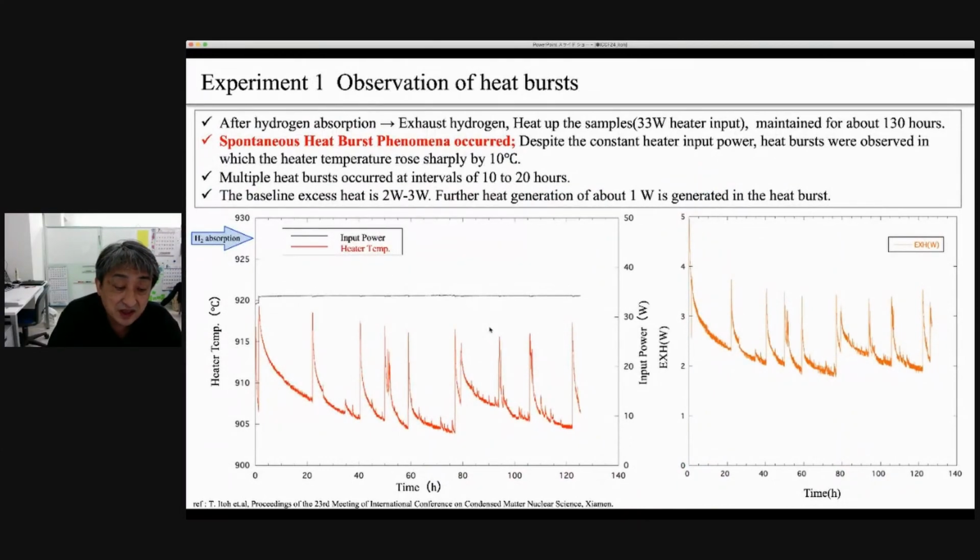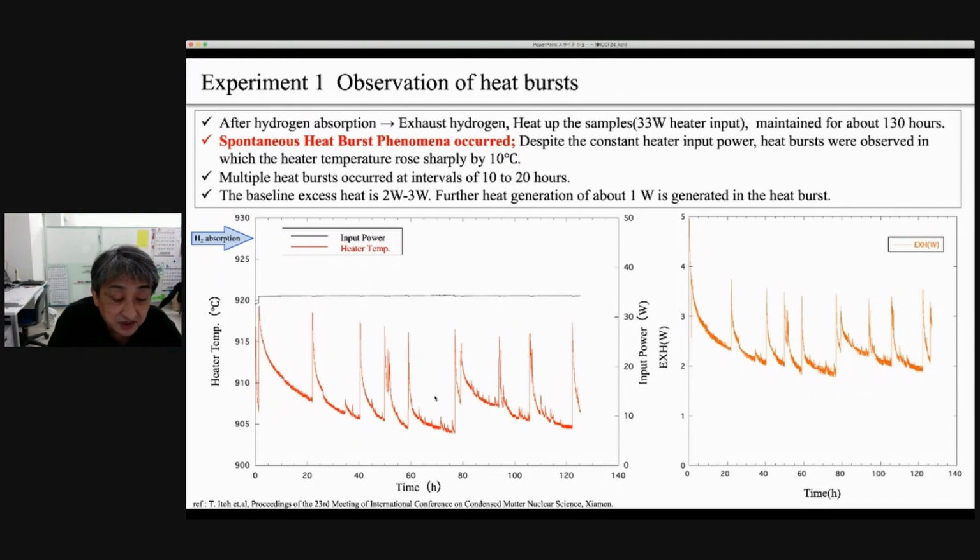This is an example of a heat burst. This figure shows the time evolution of heater temperature and heater input. After hydrogen storage, we heat up the samples together with vacuum exhaust.